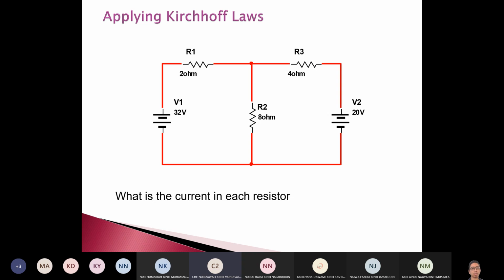Then you make another equation. Say minus 20 equals I3 R3 plus I2 R2.